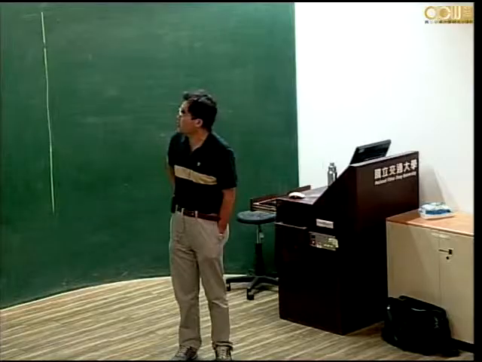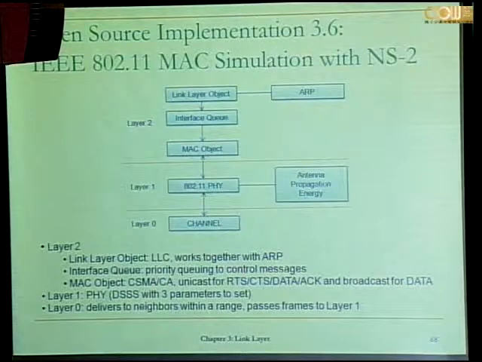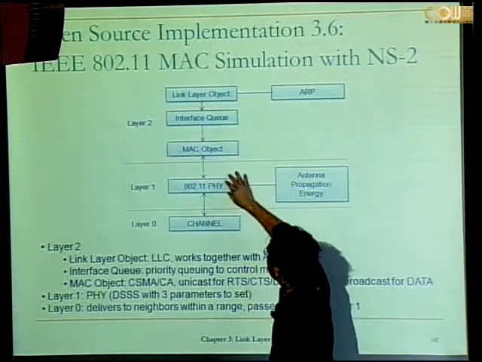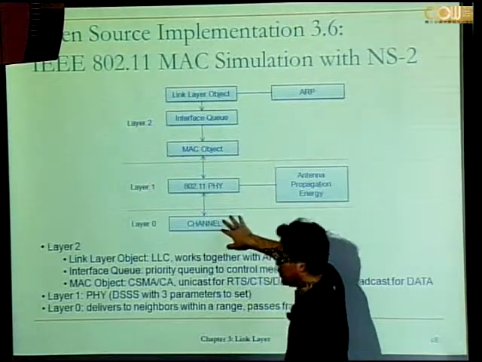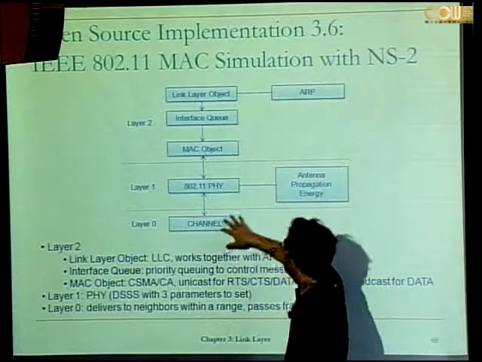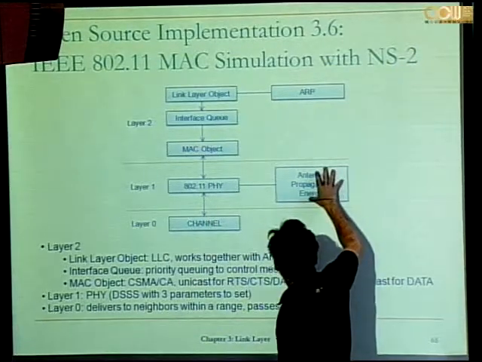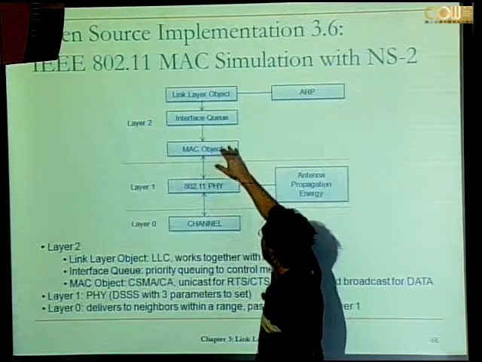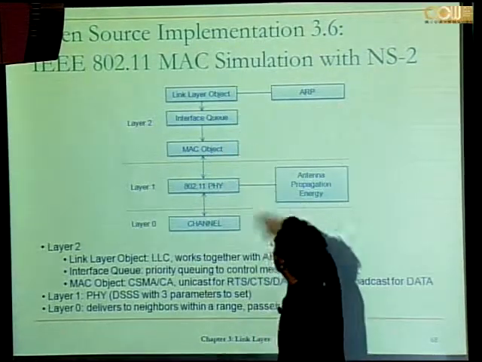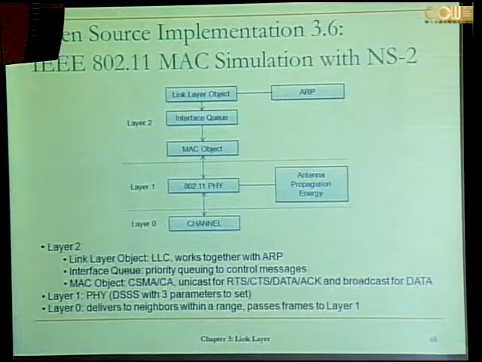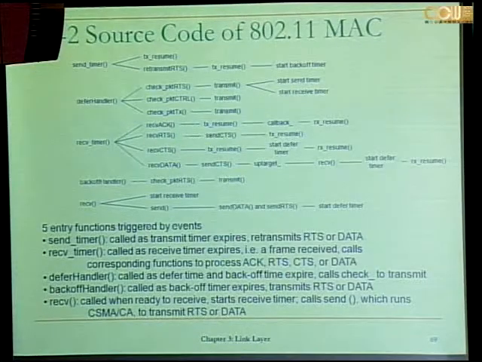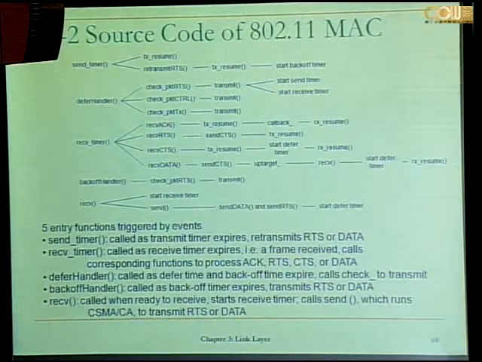in NS2. Basically, it has this object in the physical layer, and it also simulates channel behavior, and simulates the antenna, and then the link layer is built here. And it's a simulator.